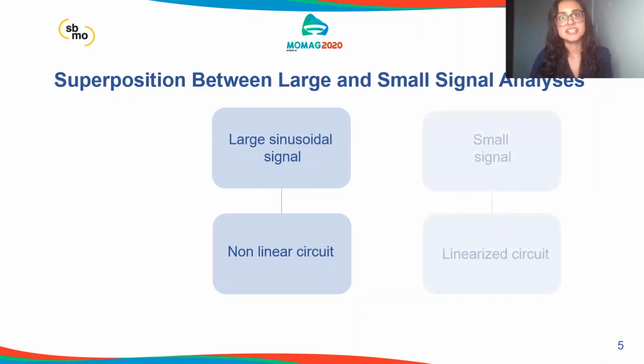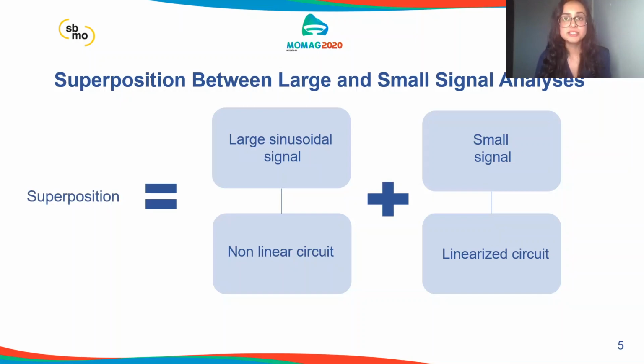Then, the circuit is linearized around the steady-state response due to the source at the fundamental frequency, and only at this moment the small signal sources are injected into the circuit. The contribution of the harmonic injection sources is analyzed one at a time, always in a linear circuit. The system response is the superposition of the nonlinear large signal analysis and the small signal analysis in the linearized circuit, as expressed in this equation.